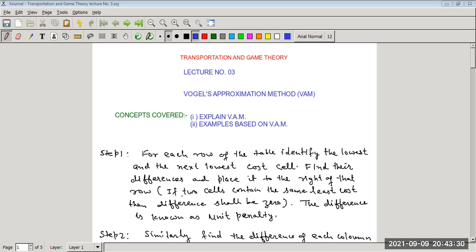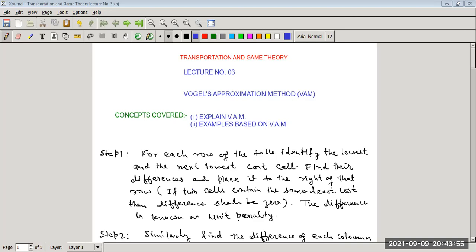Vogel's approximation method is for finding an optimal solution or near to optimal solution. This method is better than the northwest corner method and the least cost method.